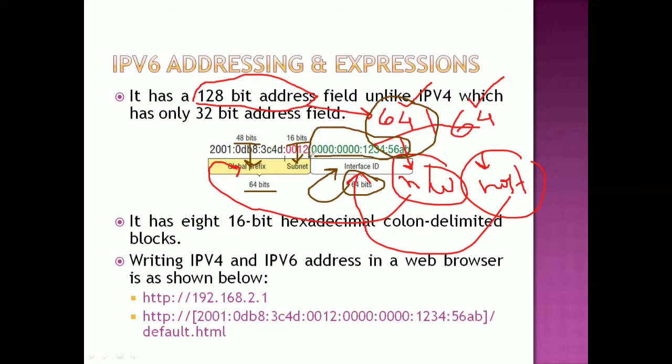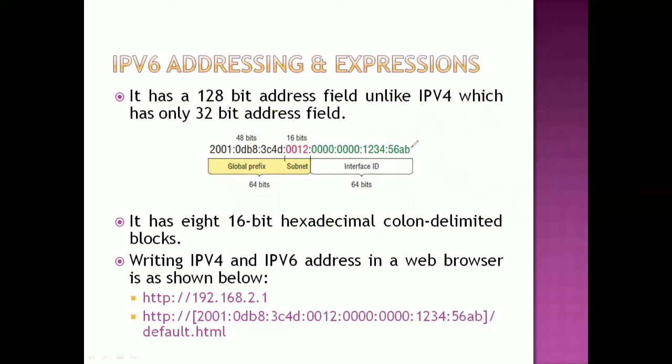Another difference in the address field is that here you don't have the dotted decimal notation. The IPv4 addresses were called DDN, which stands for dotted decimal notation, but the IPv6 addresses are basically in hexadecimal block colon notation. Hexadecimal, why?